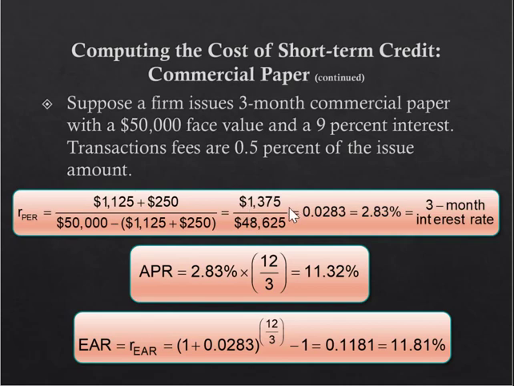So you've got $1,375 that you paid out for financing costs over $48,625, which is the amount of cash you actually got at the beginning, which gets you 0.0283, 2.83% is your interest rate. That's your 3-month. So you multiply that by 4, again 12 over 3, and that is going to give you 11.32% APR. The effective annual rate, again, when you go through that calculation, is going to give you a little bit higher, 11.81%.